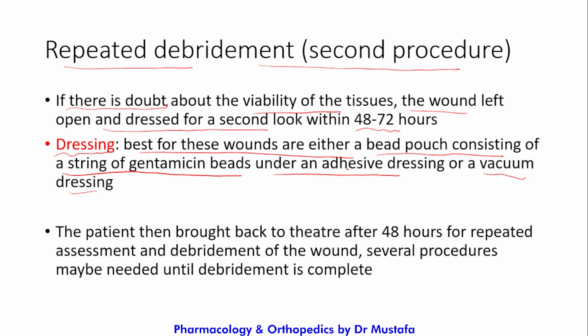So both of these dressings are quite effective in preventing infection. And the patient is then brought back to the theater after 48 hours for repeated assessment and debridement of the wound. Several procedures may be needed until debridement is complete.